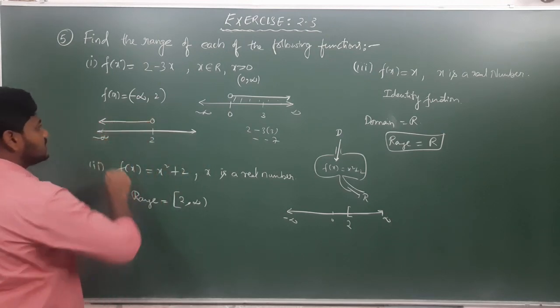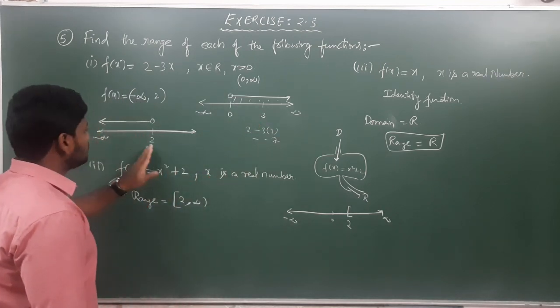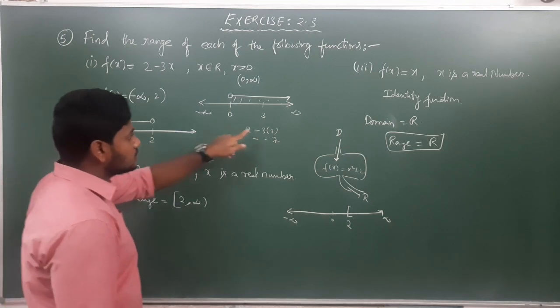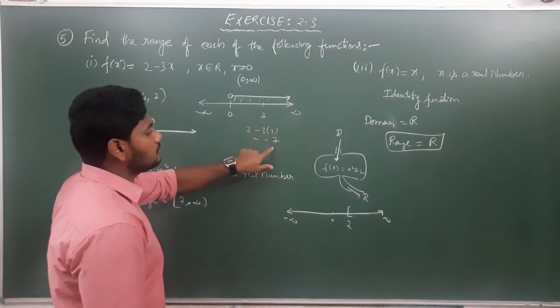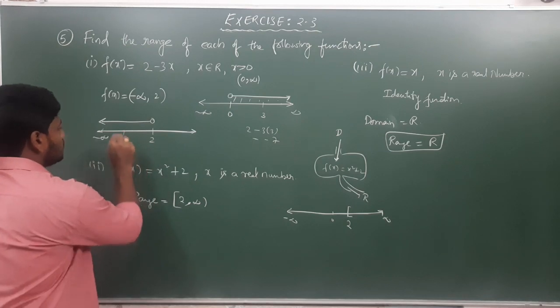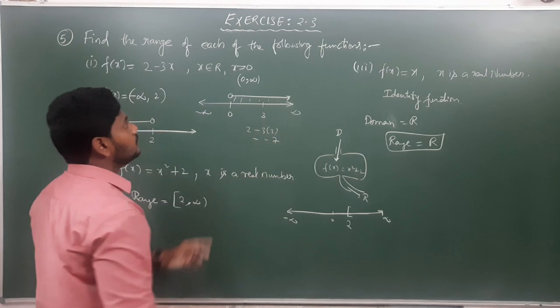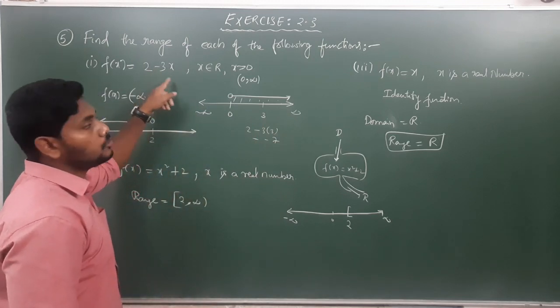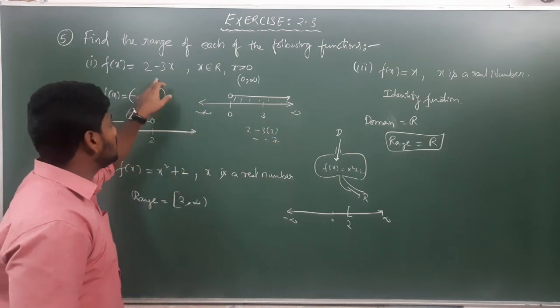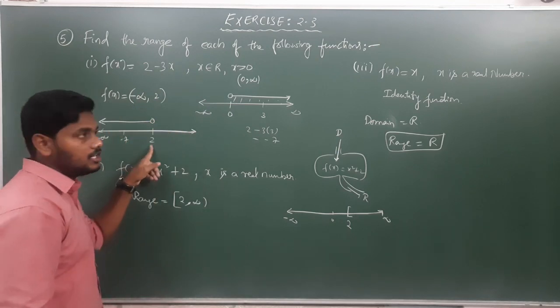So this is the range. If you substitute 0 to infinity values, I said minus infinity to 2. Is it correct or not? If you take 100, 2 minus 3 into 100, 2 minus 300, is minus 298, in between minus infinity and 2 only.